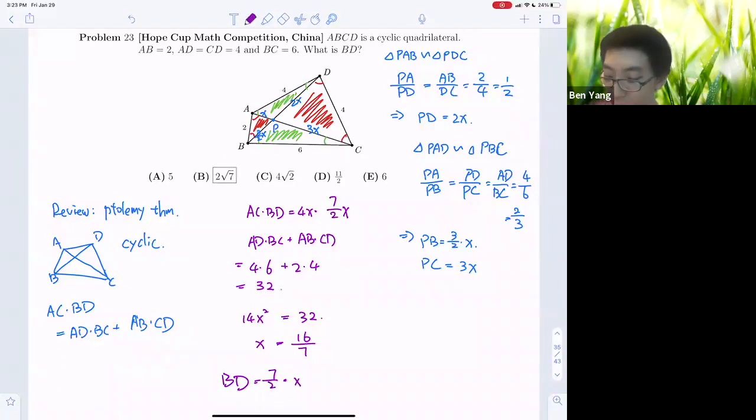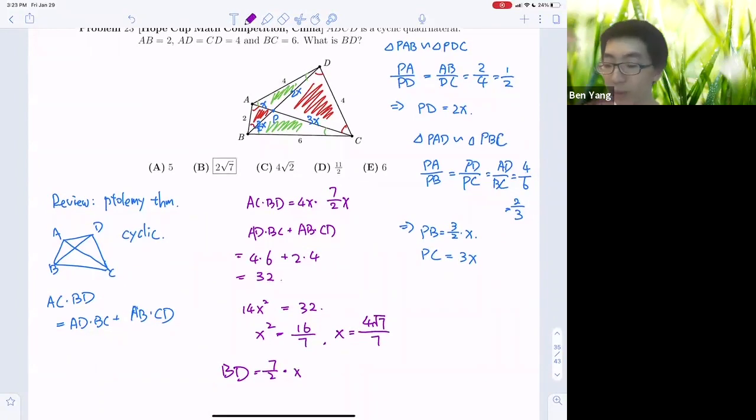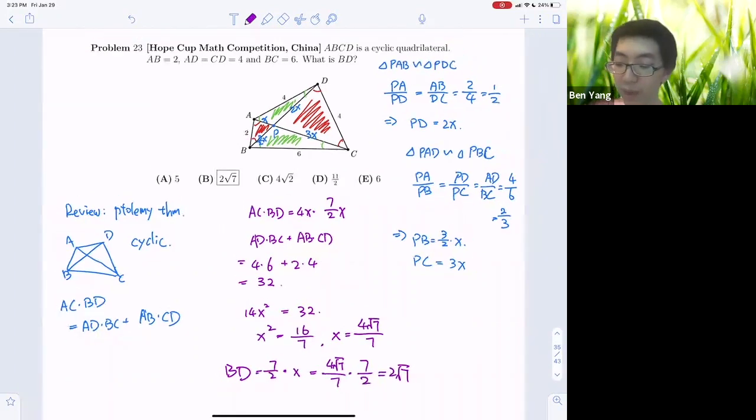So x is equal to 4√7/7. So BD is equal to 7/2 times x, and that's equal to 4√7/7 times 7/2, which is equal to 2 times √7. And the answer is B.